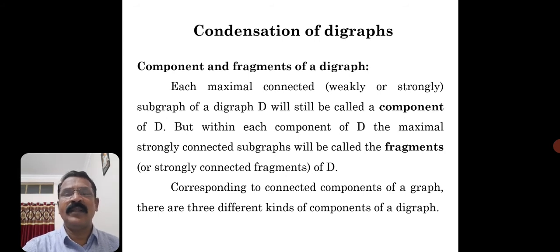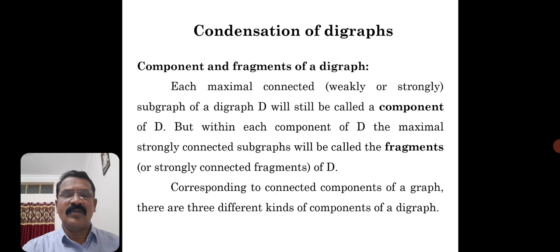Each maximal connected subgraph of a digraph D will still be called a component of the digraph D. But within each component of D, the maximal strongly connected subgraphs will be called the fragments, or you can say strongly connected fragments of the directed graph D.